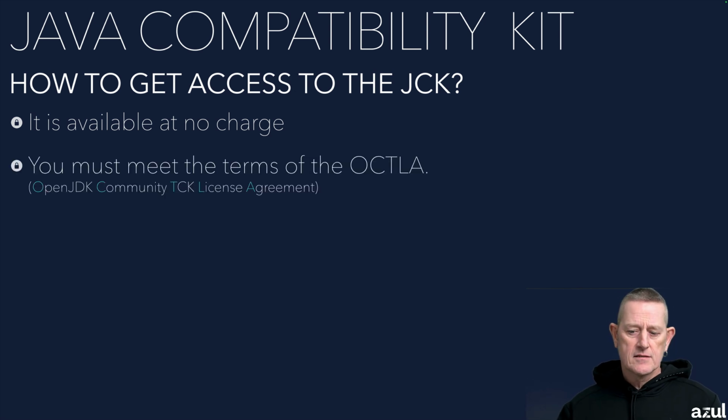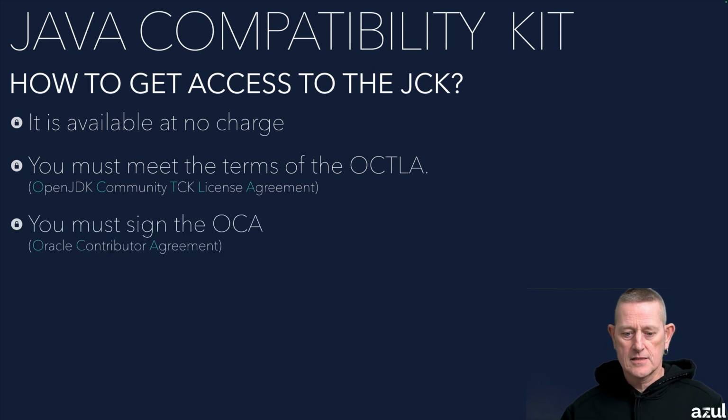You must meet the terms of the OCTLA, which is the OpenJDK Community TCK License Agreement. Wow, what a word. So that means you have to sign this OCTLA to be able to get access to the JCK. And in addition, you also have to sign the OCA, which is the Oracle Contributor Agreement. Once you do that, you can get access to the JCK.